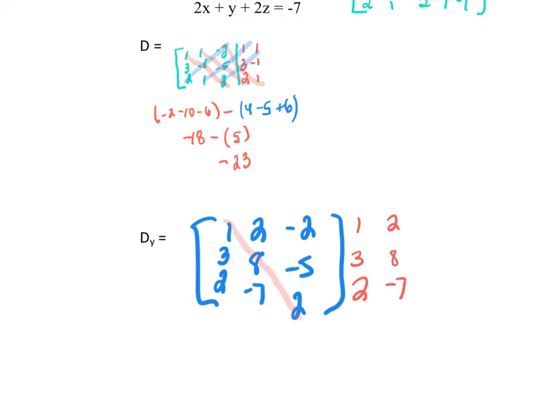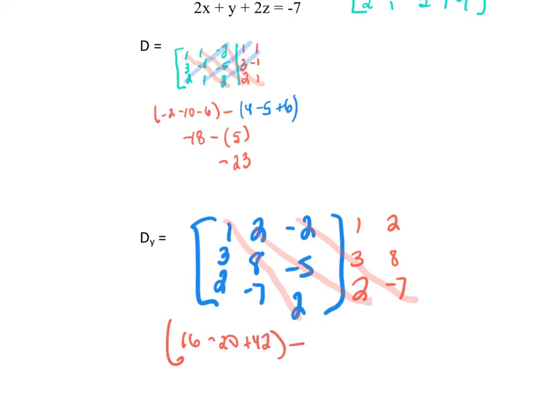Take your major, major, major. So 1 times 8 times 2, 16. 2 times negative 5 is negative 10 times 2 is negative 20. Negative 2 times 3 is negative 6 times negative 7 is positive 42.